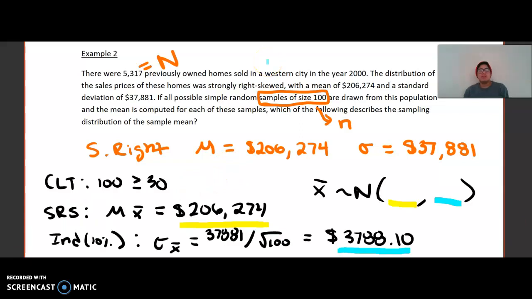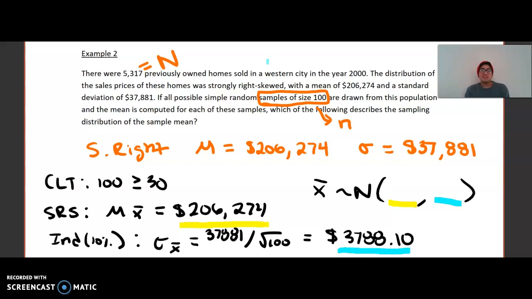Okay, so again, hopefully you were able to find the correct parameters here by the central limit theorem. Since we have a sufficiently large sample size, our sampling distribution is going to have an approximately normal shape, meaning it would be symmetric and unimodal. Because we took simple random samples of size 100, we'd have an unbiased estimator of the parameter. So our mean of the sampling distribution would be closely centered to the population mean here at 206,274.